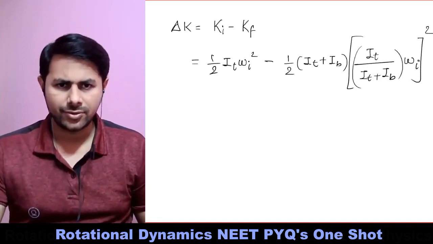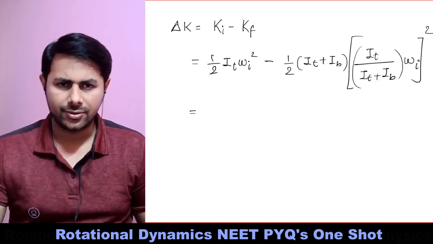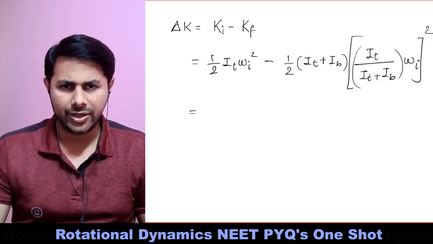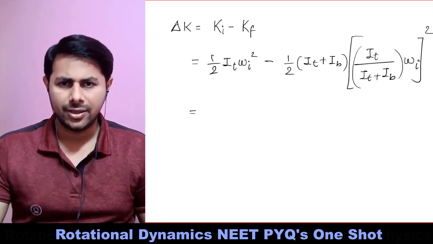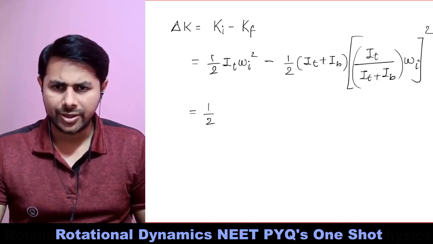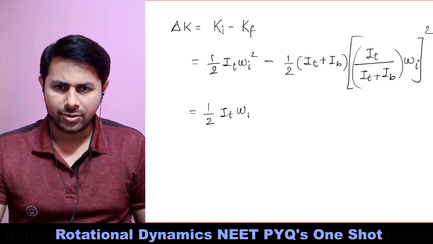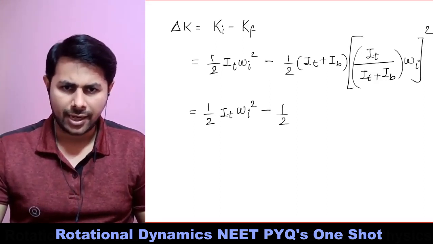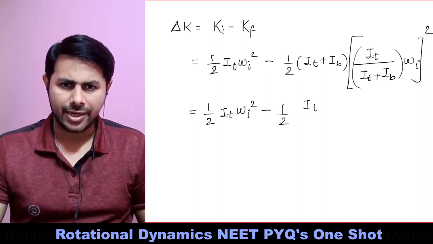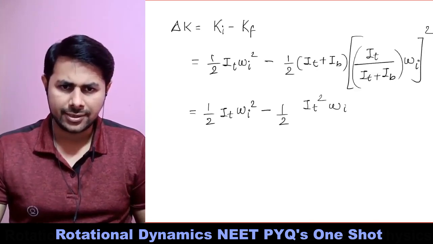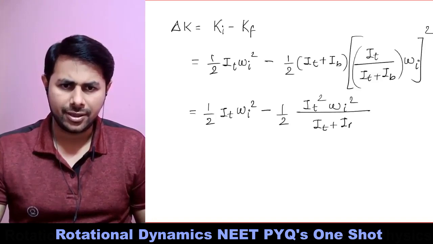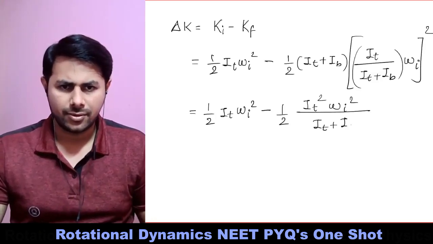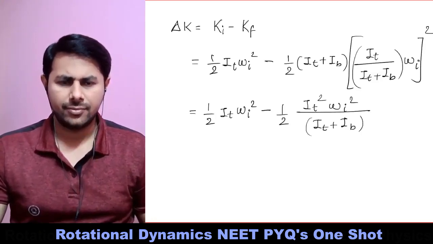So then we have to solve this. The (I_t plus I_b) squared gets cancelled with this, so we have only I_t plus I_b in the denominator. We are left with half of I_t omega_i squared minus half of I_t squared omega_i squared divided by I_t plus I_b.